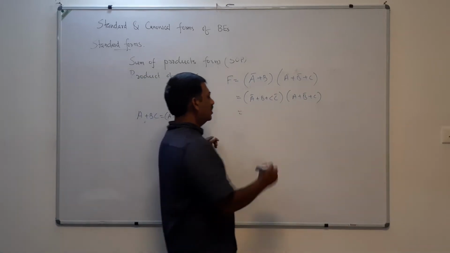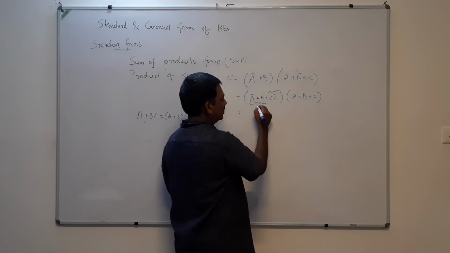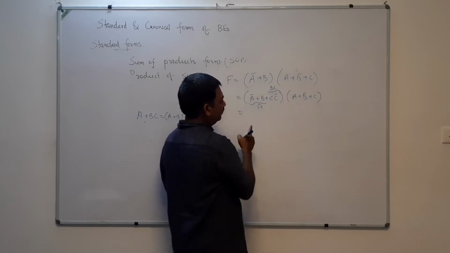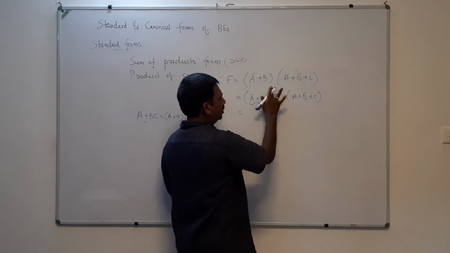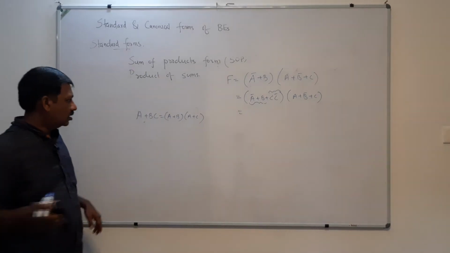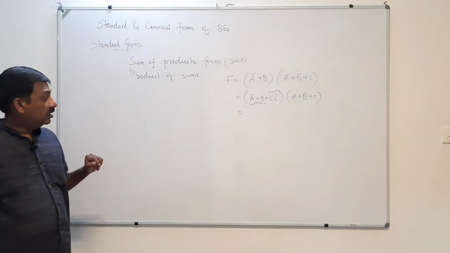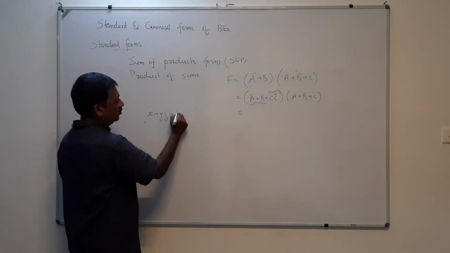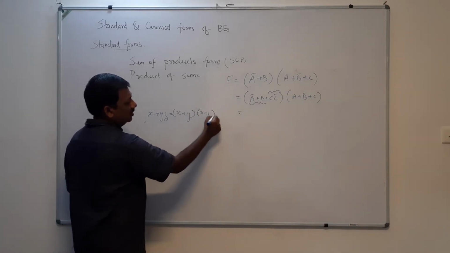Likewise here you have to treat this as the first term, and this is A and this is BC. Or consider this: we have a result x plus yz equal to (x plus y) into (x plus z).